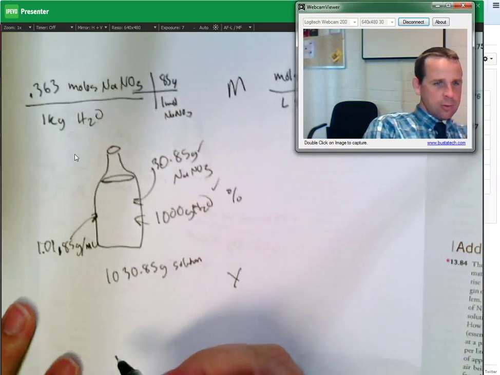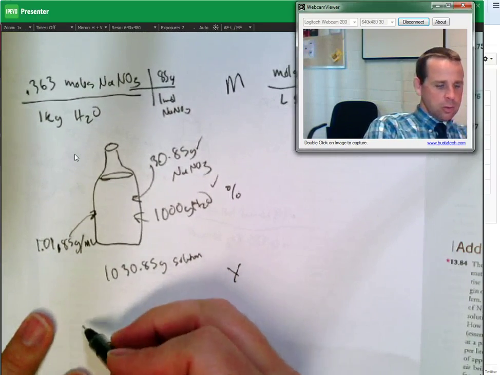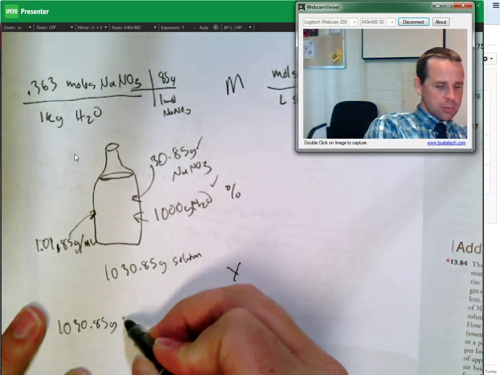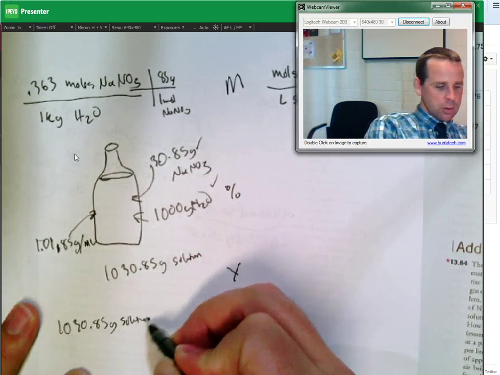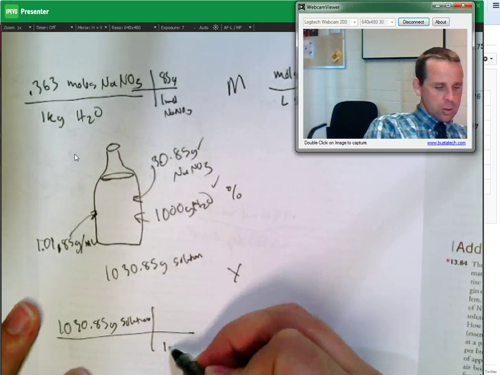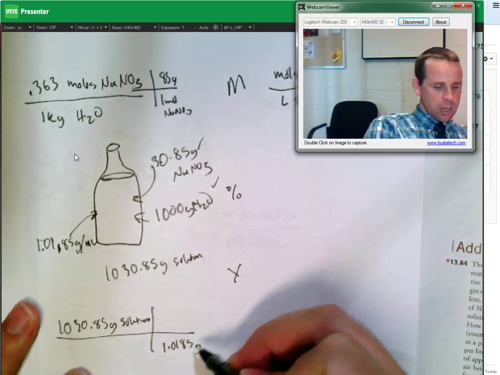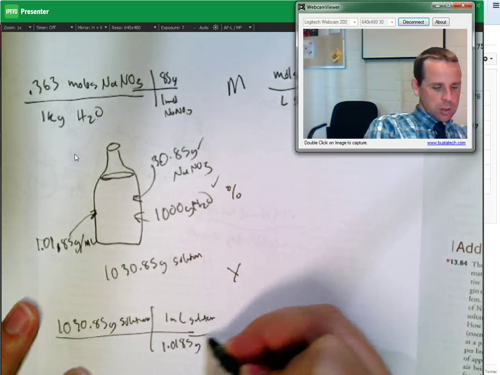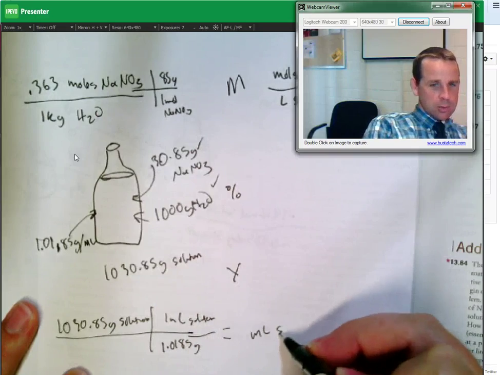If I have 1,030.85 grams of solution, and I know there's 1.0185 grams for every 1 milliliter of solution, I can get milliliters of solution.